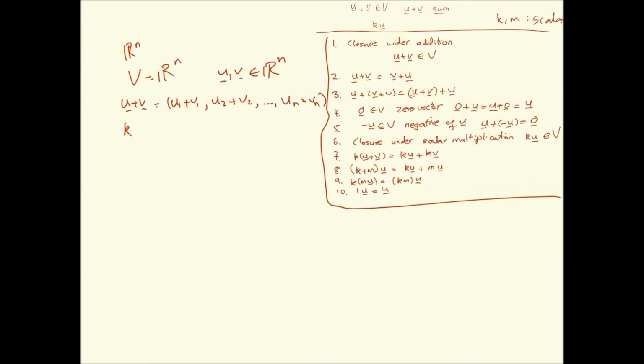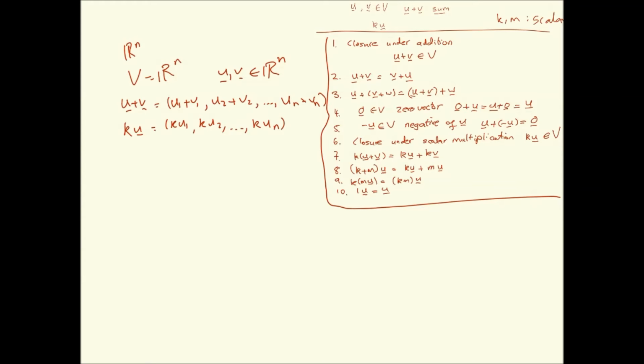And k times u is ku1, ku2, and so on. This simply defines multiplication by the scalar, which is standard in the Euclidean vector space.